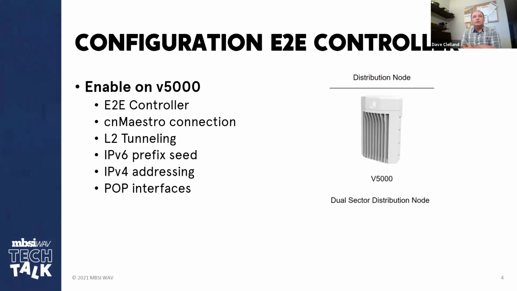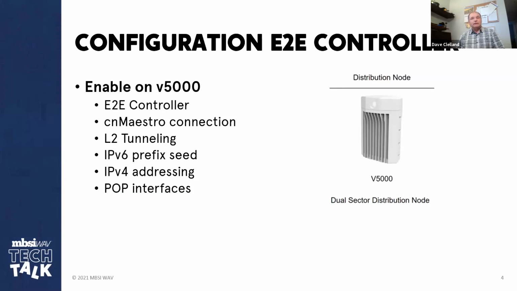All right, so on the configuration of the E2E controller, we're going to enable it on the V5000. We are going to enable the layer 2 tunneling. We're going to have the V5000 generate the IP version 6 prefix seed, but we're going to be doing IP version 4 addressing.